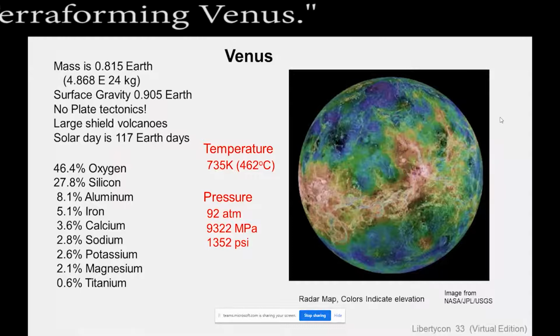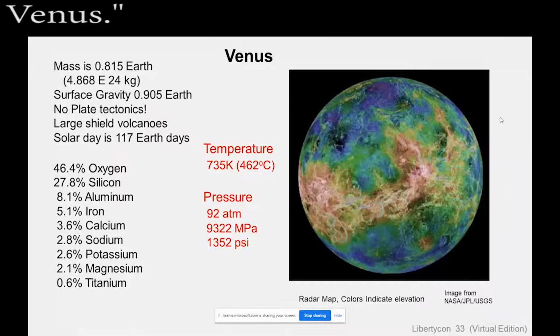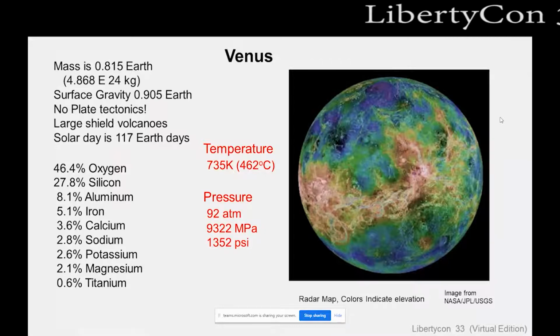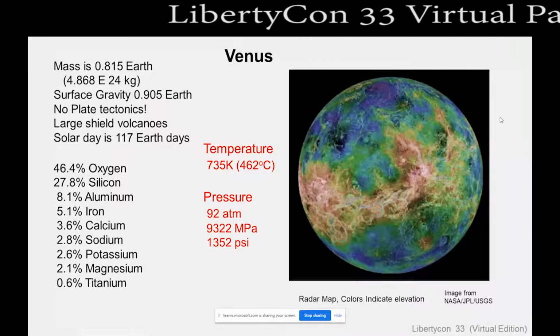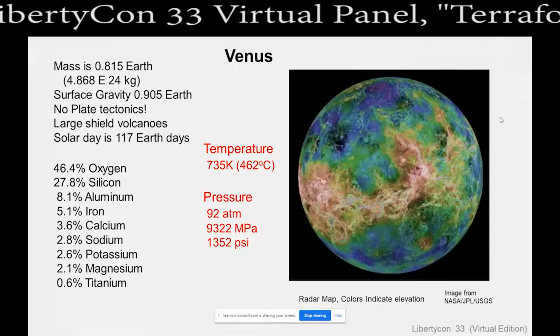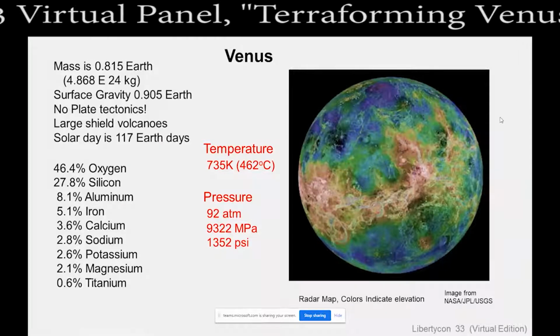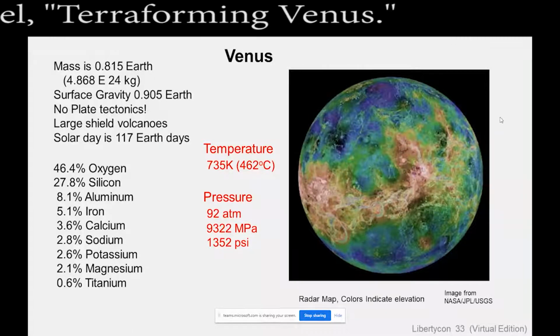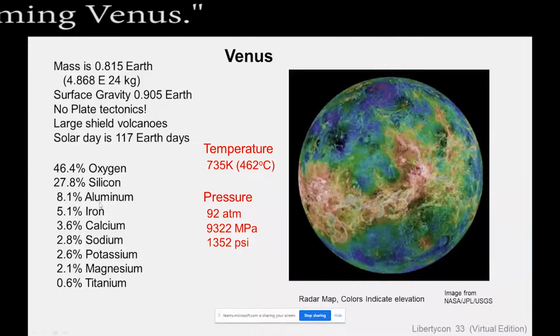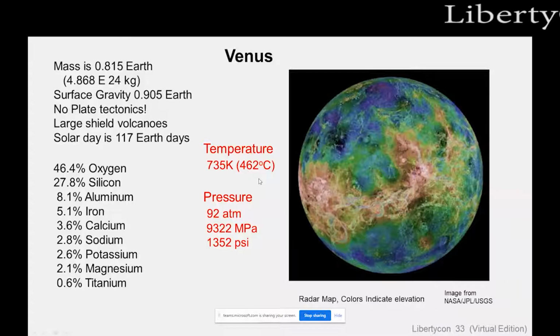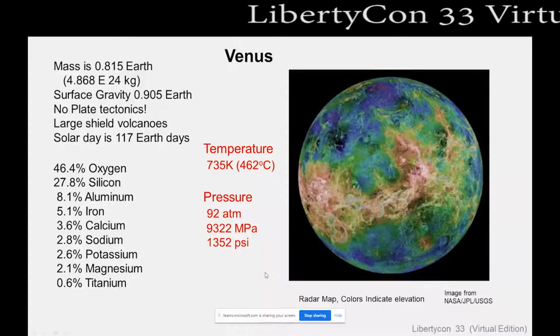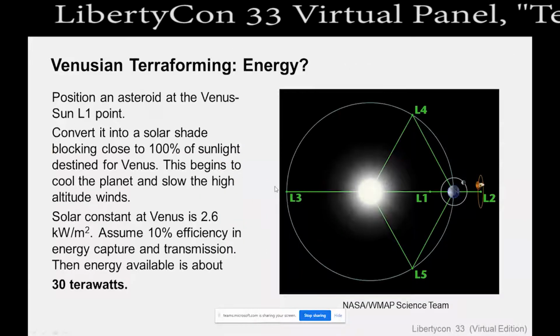It does seem to have a molten core, which results in large shield volcanoes that just stay put, but they just get bigger and bigger. The crust of Venus is shown there on the left, very, very similar to what we have here on Earth. Again, temperature is pretty high. It's going to be a challenge.